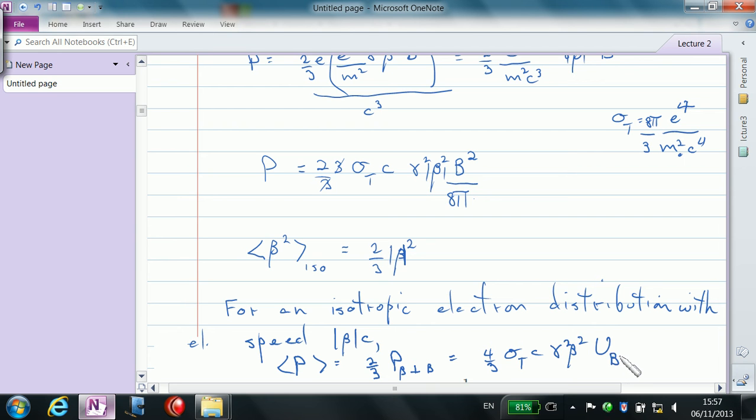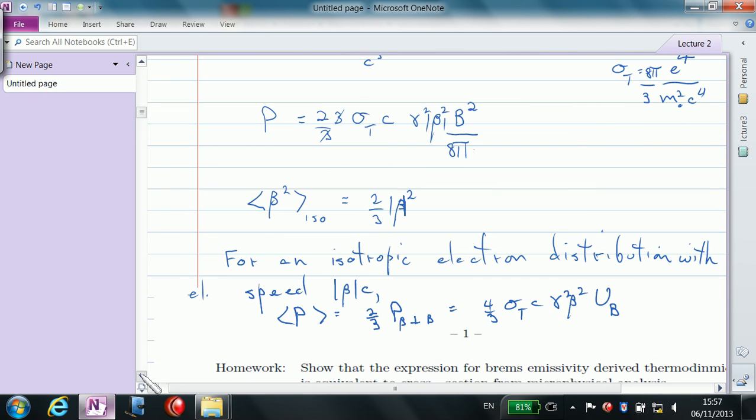I just write it as U_B. So it's exactly the same formula, it's just the energy density of the photons replaced by the energy density of the magnetic field, and you even get the 4/3 as being the same.